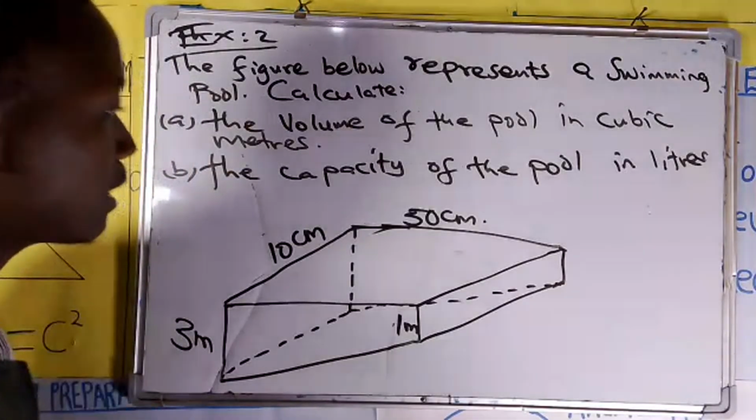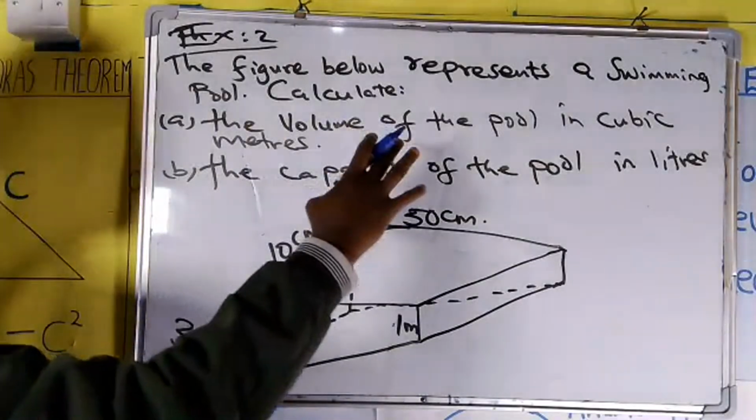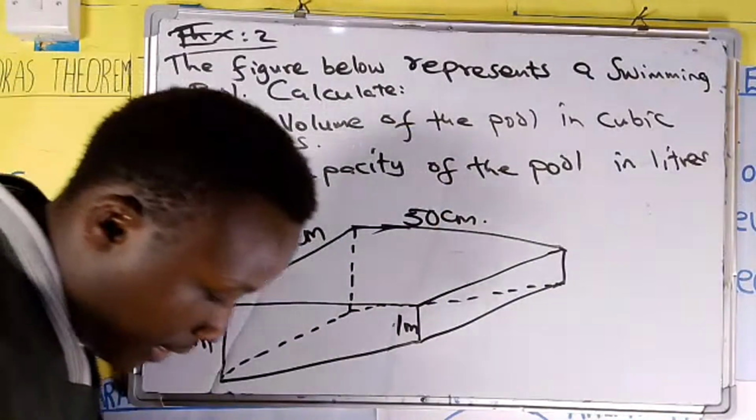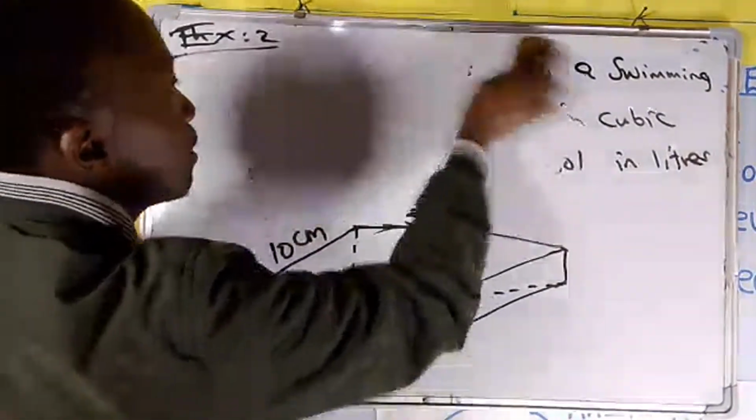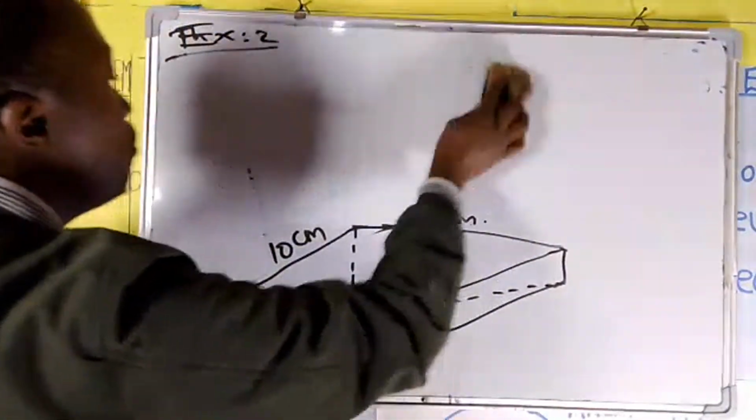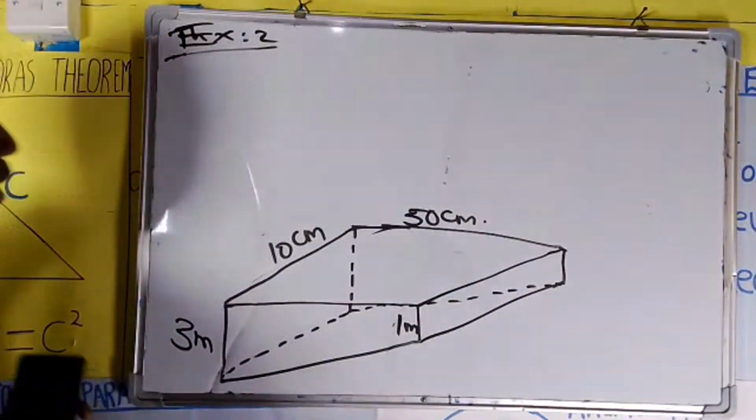So the question is asking, number 1, calculate the volume of the pool in cubic meters.